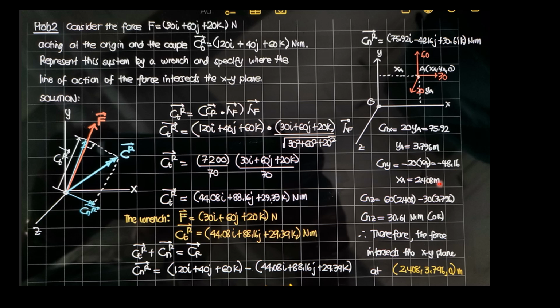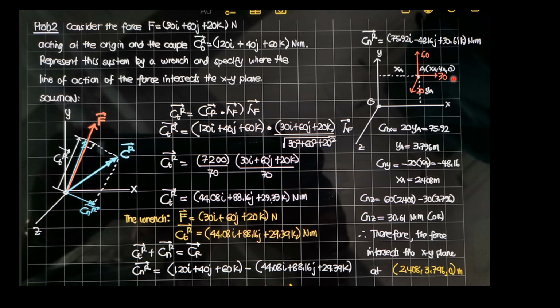To check that these answers are correct, we have to check C_NZ, that is the moment of the resultant force about the z-axis, and it should be 30.61. And we check that because XA and YA have been found. So C_NZ is equal to 60, this component of force about Z is positive, so 60 times XA, 60 times 2.408.